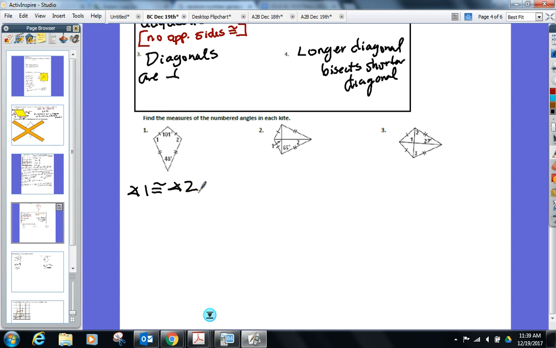But now the question is, how do I find them? How many sides does this figure have? 4. A quadrilateral always has how many total degrees? 360 degrees. Yes, there's a total of 360. Get after it. There's a total of 360. You know two of them, and the other two are equal.